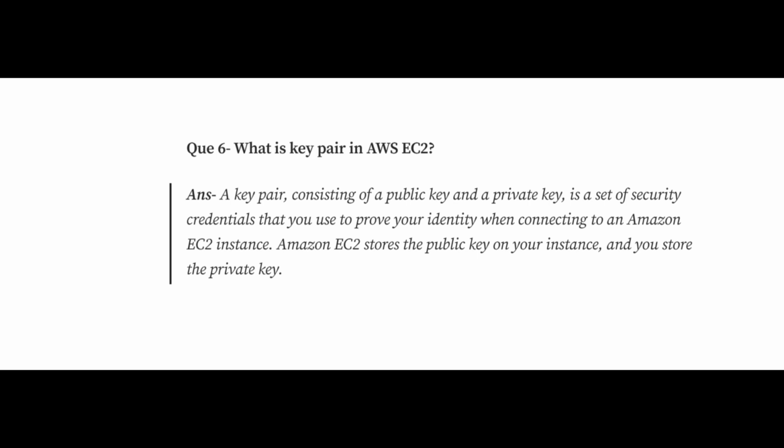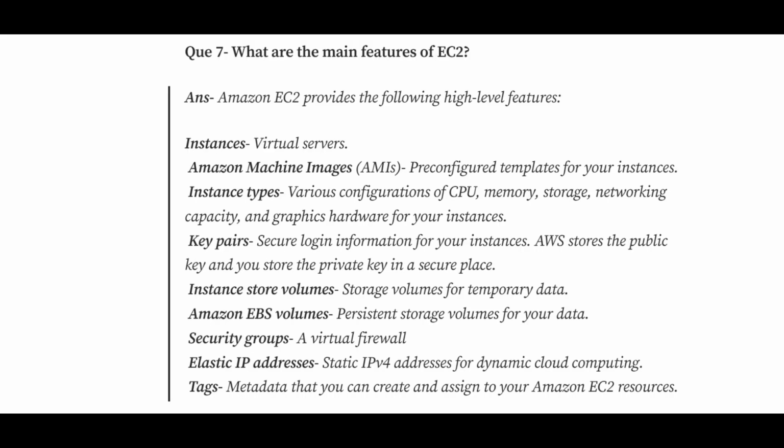The person will come along with you and make use of both keys, and the combination will be used to open your locker. Same goes here. You have a public key and a private key, and using both, you can prove your identity when connecting to, say, an EC2 instance.